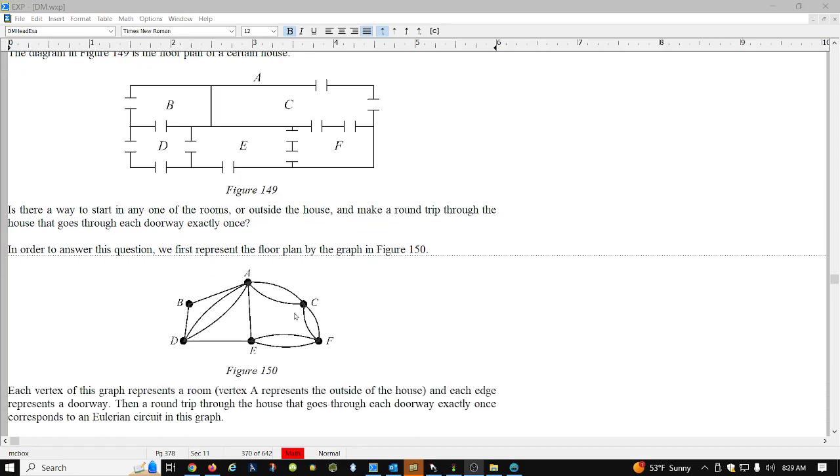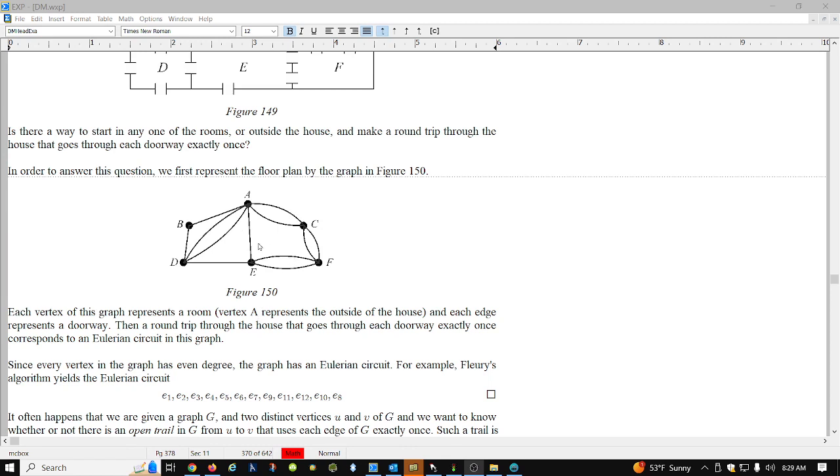And here it is. The vertices of the graph represent rooms, and vertex A represents the outside. Each edge represents a doorway. So a round trip through this house that goes through each doorway exactly once corresponds to an Eulerian circuit in this graph.